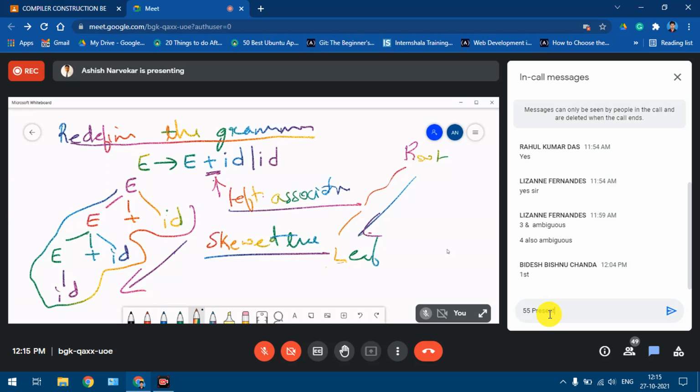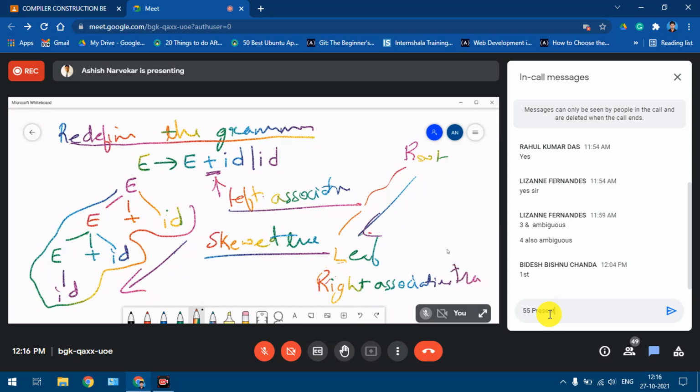Suppose there is some grammar which makes use of an operator having right associativity. There are some operators which have right associativity. In that case, we need to transform or redefine the grammar in such a way that we get a right associative tree.